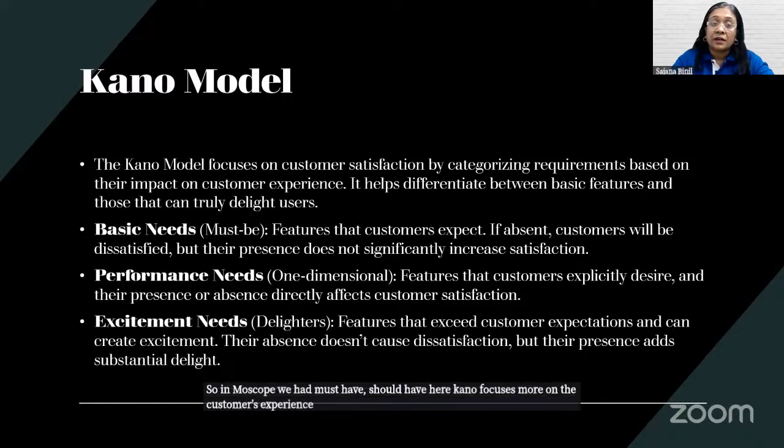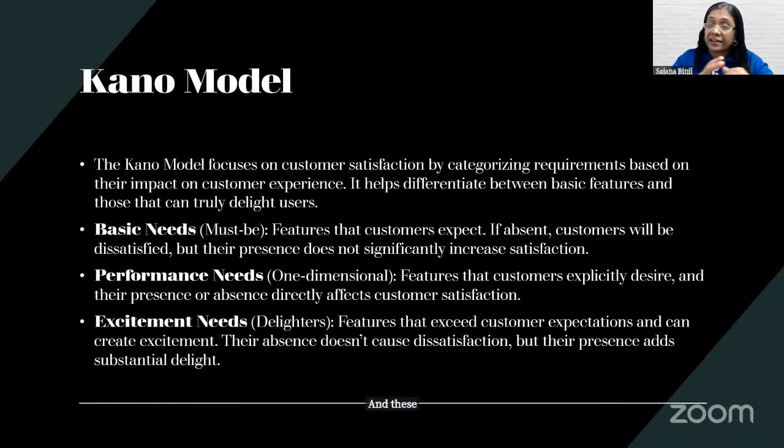And these are the different high-level categories that Kano suggests you should be using while using this technique for prioritization. Basic needs, which of course is similar to our must-have in MoSCoW. The basic needs are features that the customer always expects. So if those features are absent, the customer will be highly dissatisfied. Second, performance needs.